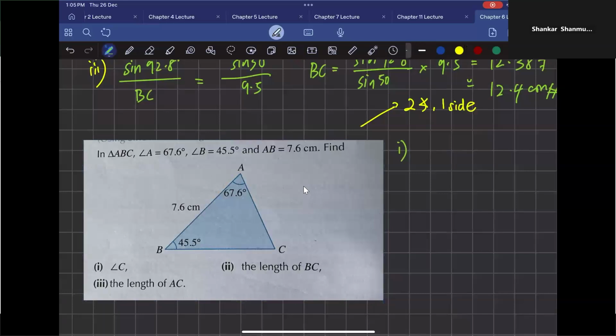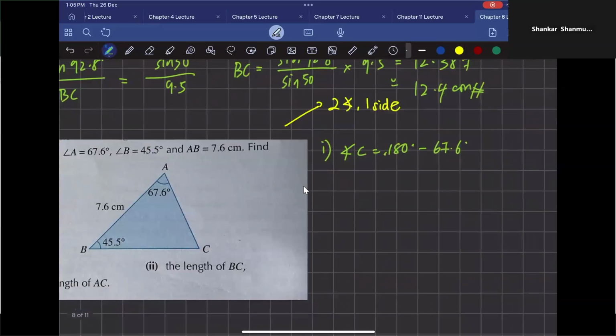So your angle C is very easy to find. Angle C is equals to 180 degrees minus 67.6 degrees minus 45.5 degrees.